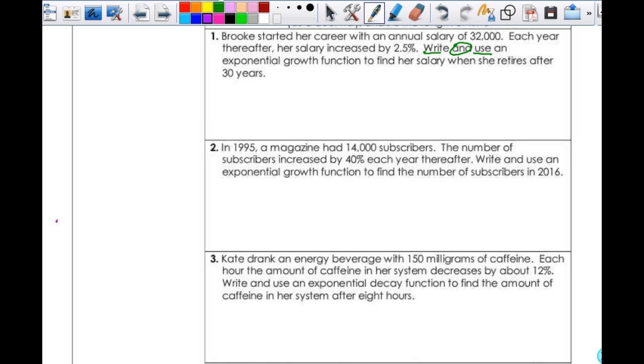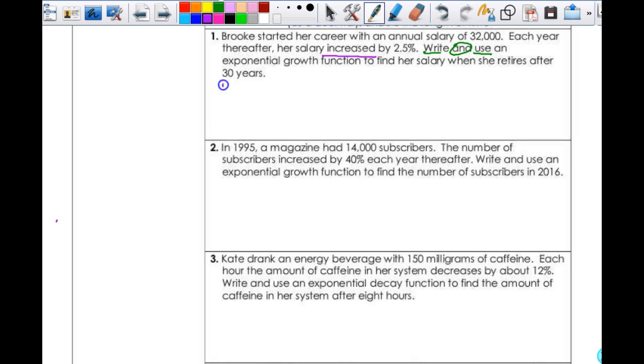Each year thereafter, her salary increased by 2.5%. So right there, that whole increased tells you it's exponential growth. It does go on to say write and use an exponential growth function. I should have taken all those out, and I will eventually, because that tells you what to do. But you need to know from the words that are in there. So an exponential growth function to find her salary when she retires after 30 years.